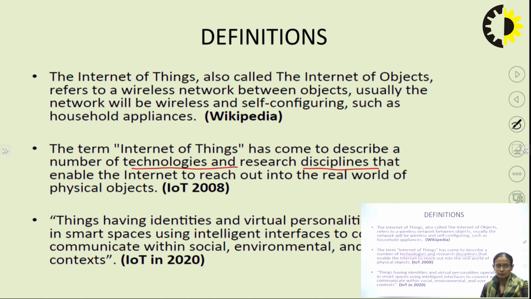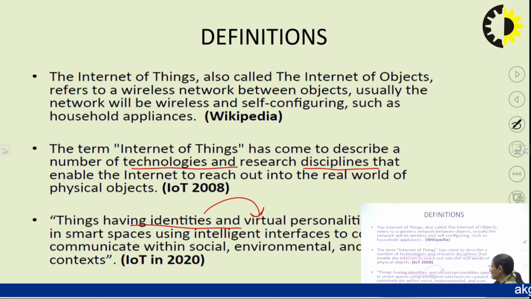But in 2020, we now have that things have identities, that is, each and every device in the IoT network has its own identity, and this identity gives them virtual personalities operating in smart spaces. And how are they operating in smart spaces?